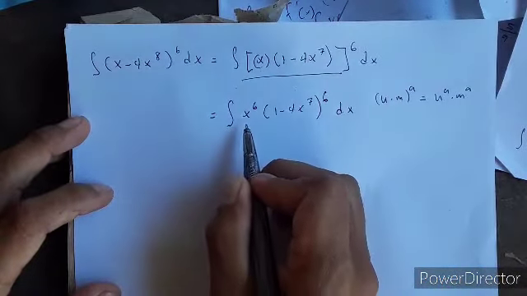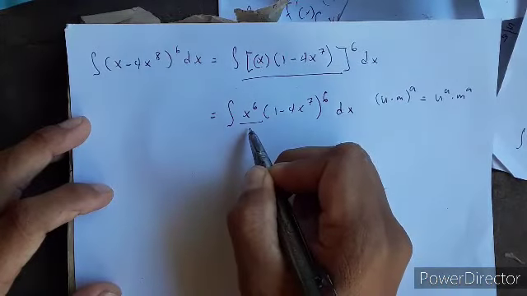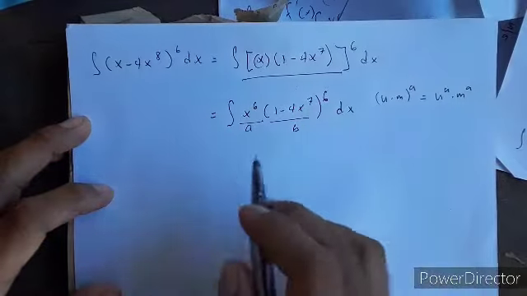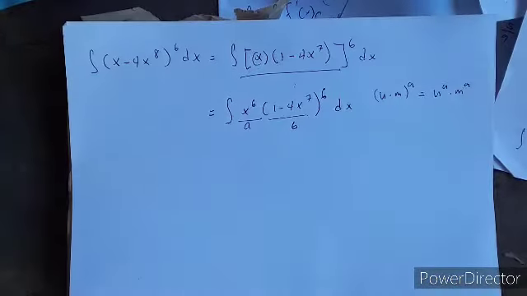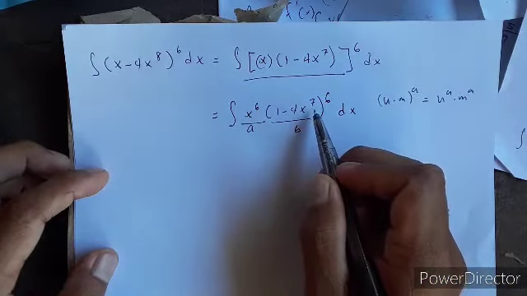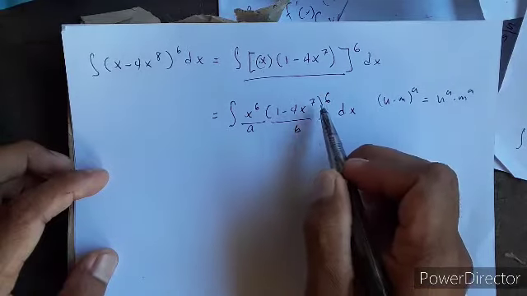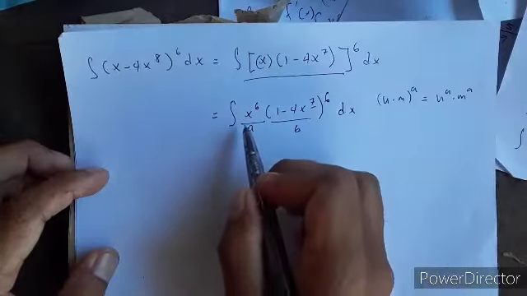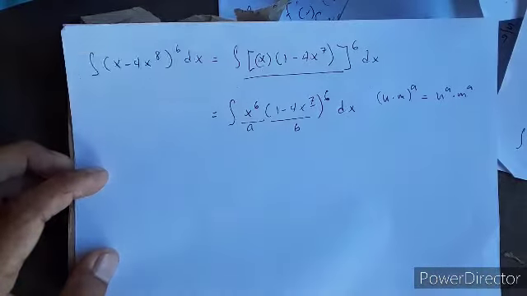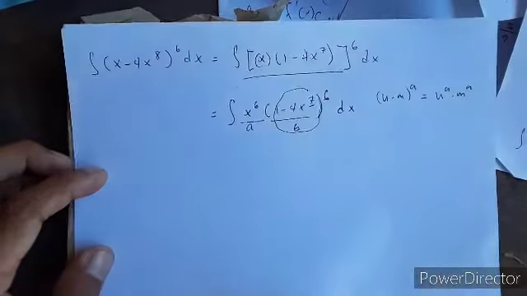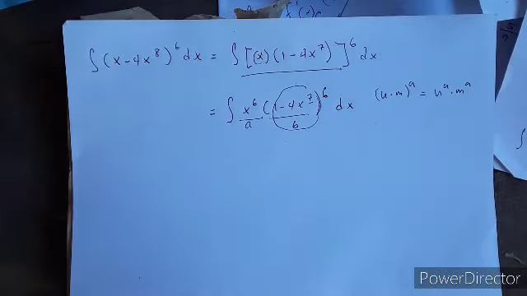So if we represent this as our a and this as our b, we need to determine which we are going to represent as u. As you can see, if we differentiate b, which has the higher power, 7, the answer would be equal to a. So this function b is what we're going to represent as u.